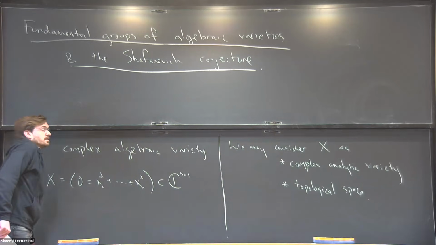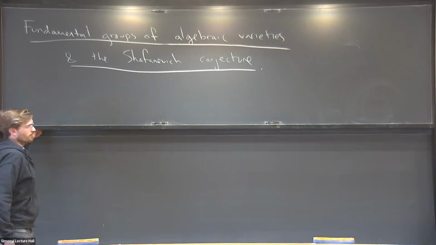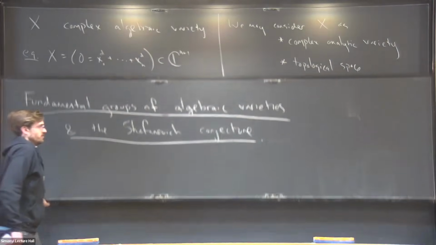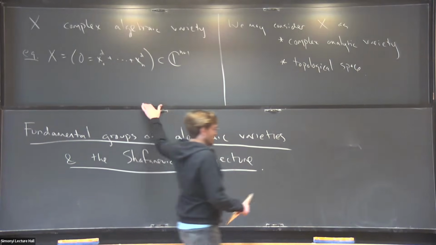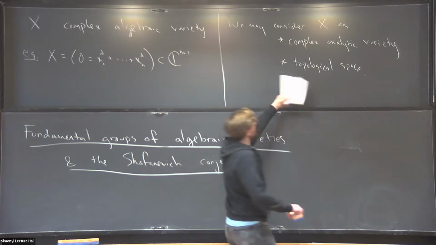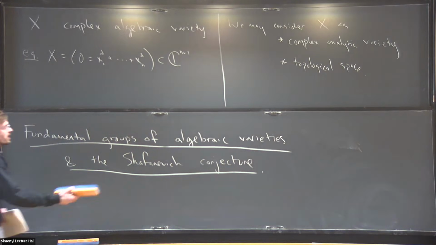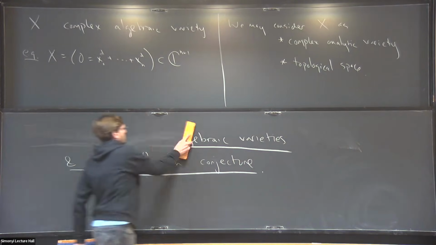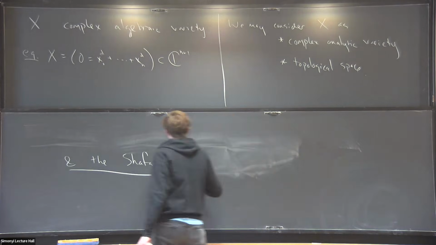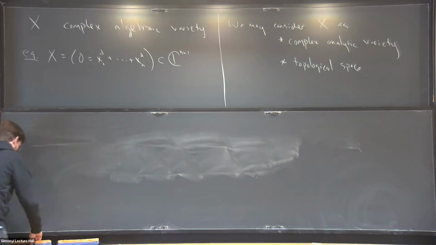Here's an extremely vague question that I might be interested in. Generally speaking, how does the topology interact with the algebraic and analytic structures? More pointedly, I'm going to be interested in the fundamental group.